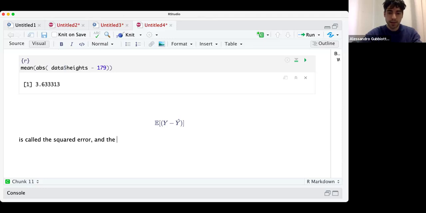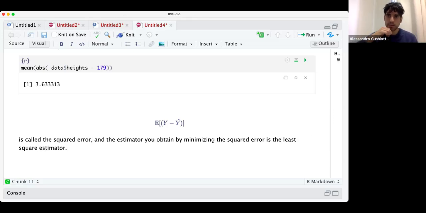And the estimator you obtain by minimizing the squared error is the least square estimator.